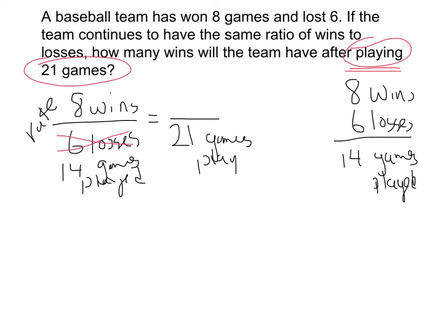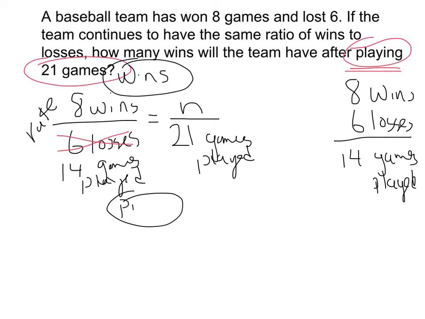And so, of course, our labels then on top are wins, and on the bottom are played, and we have a proportion that's allowed to be true as opposed to comparing the wrong things. This proportion now has wins to games played instead of wins to losses, and since we're given 21 games played, we need to use the information of 14 games played.